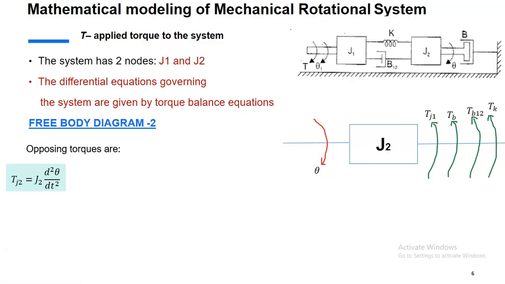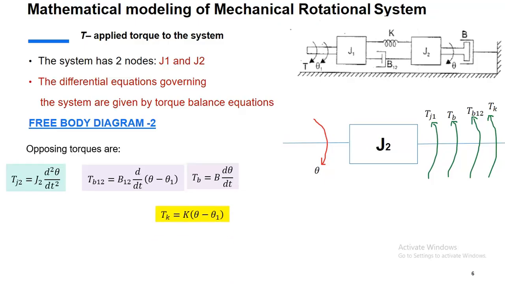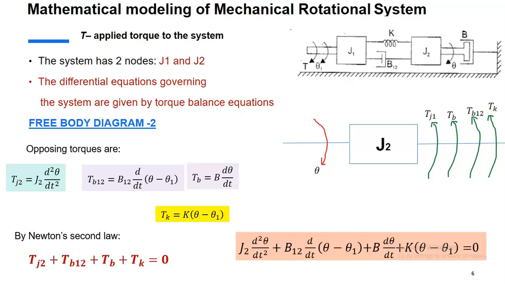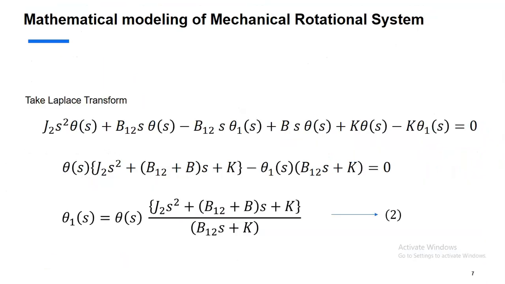Opposing torques are Tj2 equal to J2 d square theta by dt square, Tb12 equal to B12 into d by dt of theta minus theta 1, Tb equal to B into d theta by dt, Tk is k into theta. So using Newton's second law, we add the opposing torques and the applied torque is equal to 0. We substitute and we get this equation.